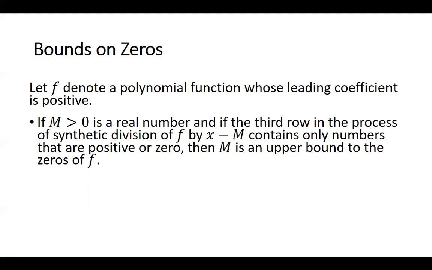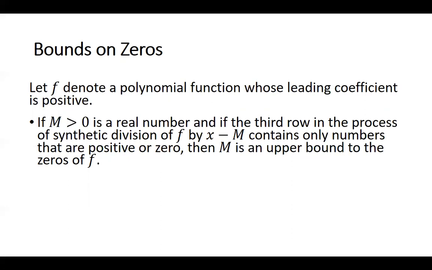So if we take some value m, and treat it as if it was a zero, we divide by x minus m, and if all the values in the third row of the synthetic division are non-negative, then we say it's an upper bound, which means there are not going to be any real zeros larger than that.